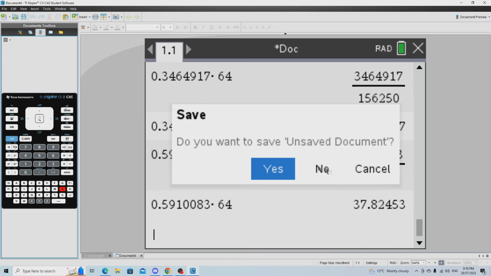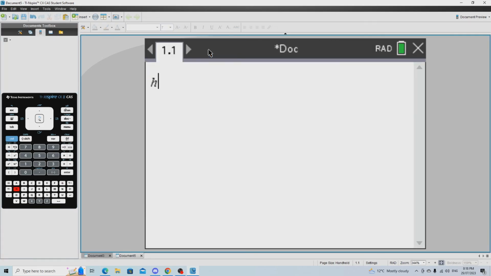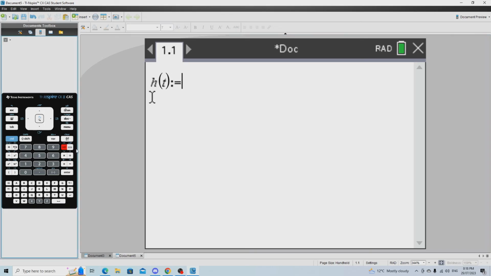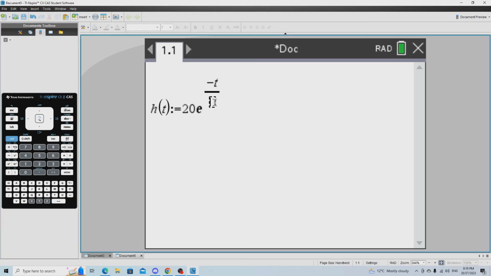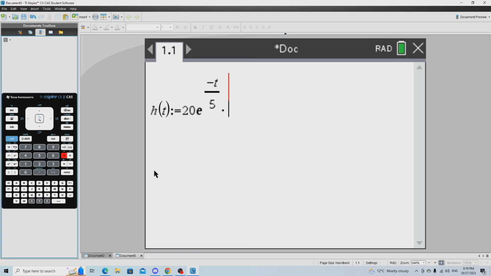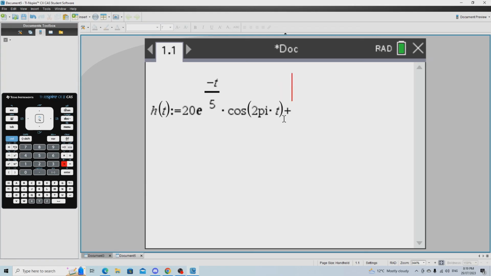H(t) is defined as 20e^(-t/5) times cos(2 pi t) plus 20.